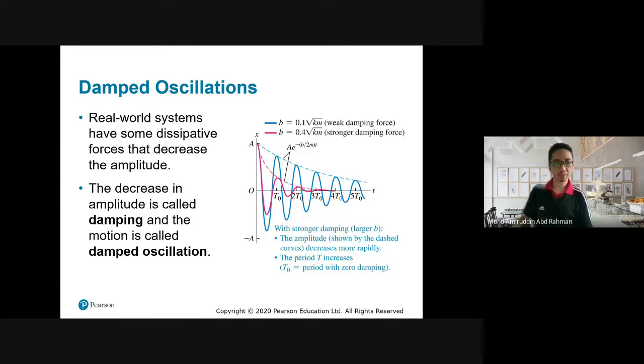The period of this motion will be much larger compared to this one. It starts from there to here, that's for 1T, and for this one it starts from here, so the period is much shorter. So that is the damped oscillation.